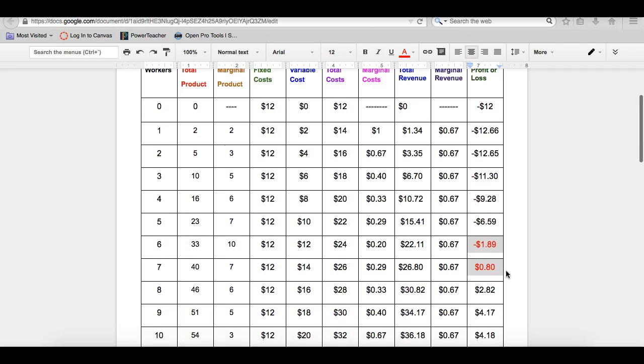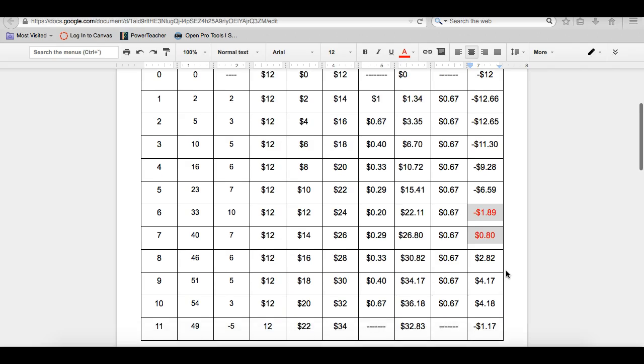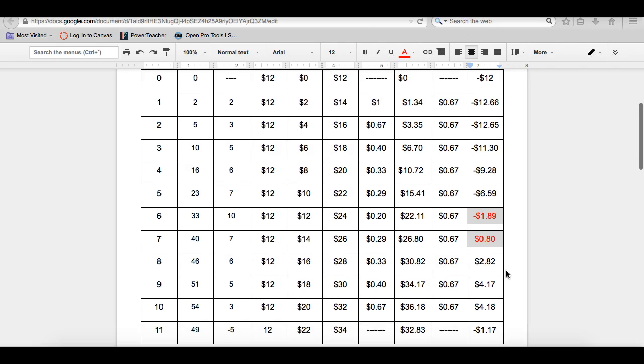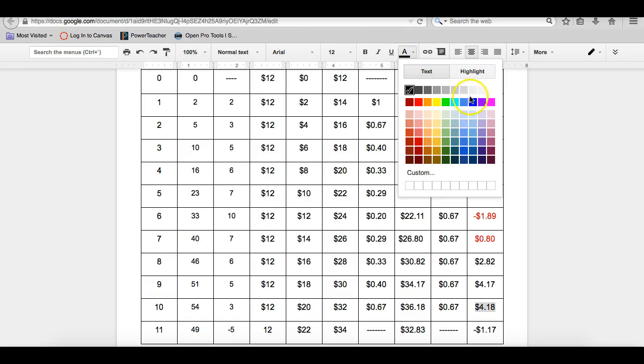Now, the other thing we can tell is our profit maximizing point. If you remember from your notes, your profit maximizing point is going to be where the profit is the highest and marginal cost and marginal revenue are the same. In this specific example, the profit is the highest, only by a penny, at 10 workers.